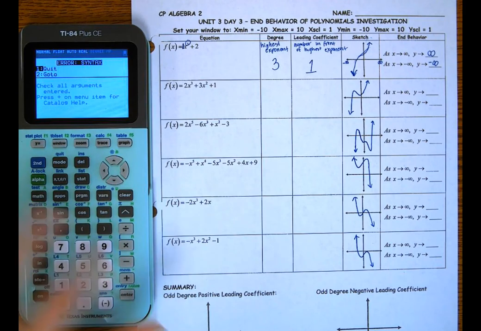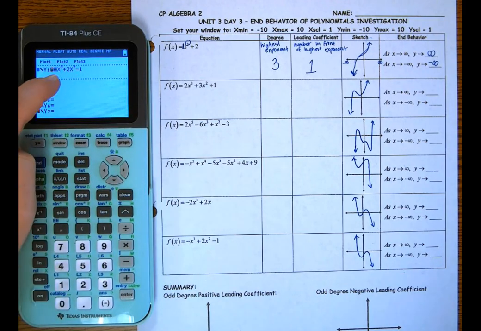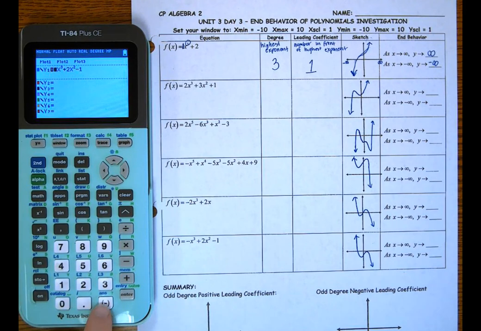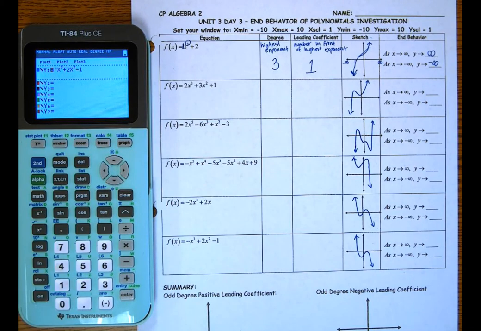If I hit enter and I go back to y equals, we want to make sure that that first negative here is using that negative at the bottom. To us, a negative and a subtraction sign means the same thing, but to your calculator, it does not. So we have to always start with the negative, and then throughout the rest of the problem, we can use that subtraction symbol. So that would be why you would get a syntax error if that happened to you at any point. But hopefully, you were able to get these graphs.